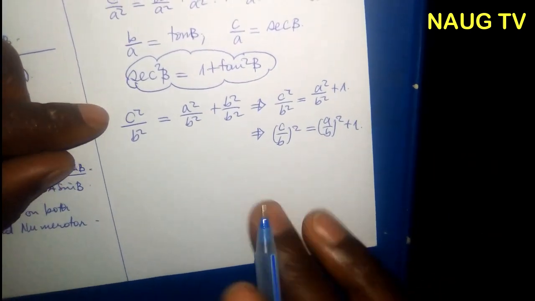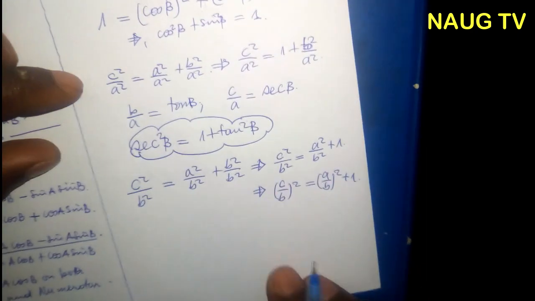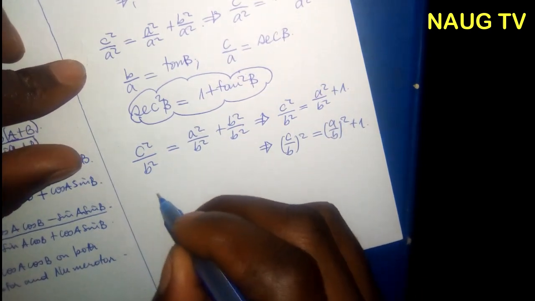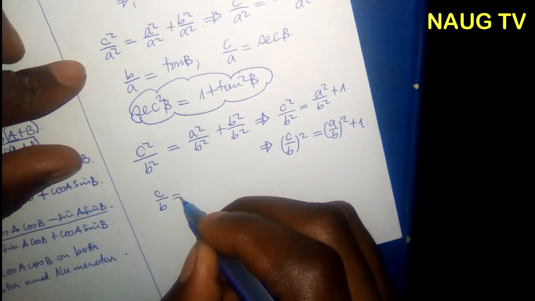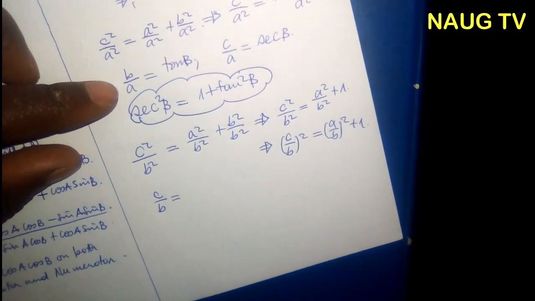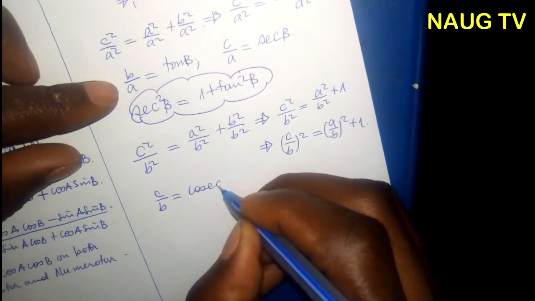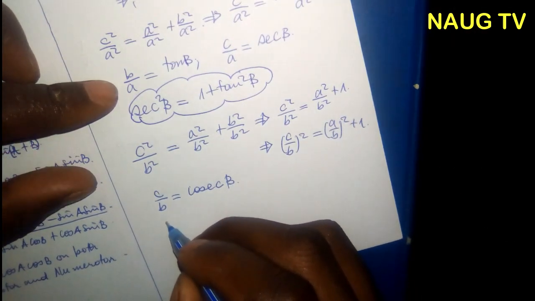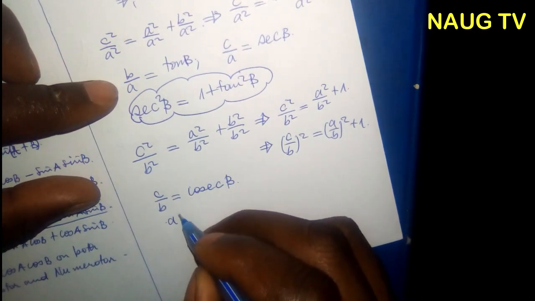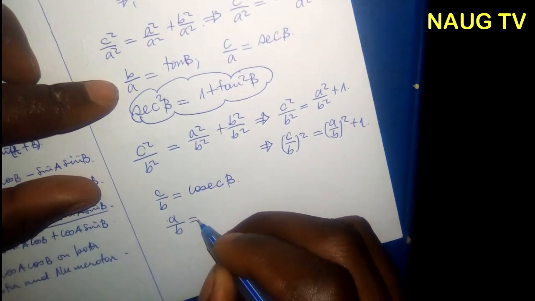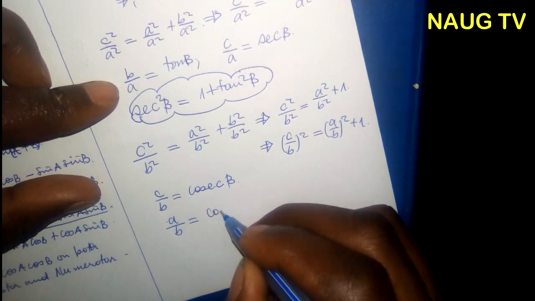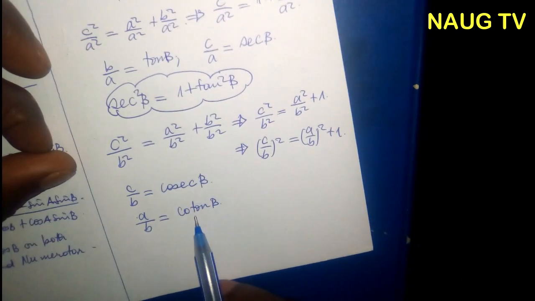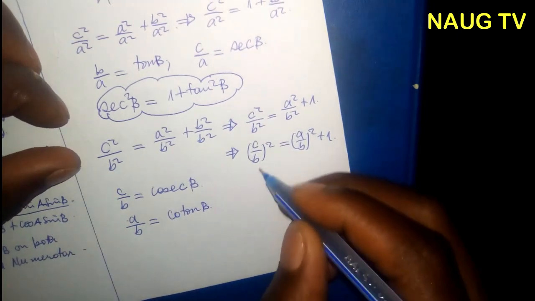So I think we know that c over b equals cosec beta, and also a over b equals cotan beta.